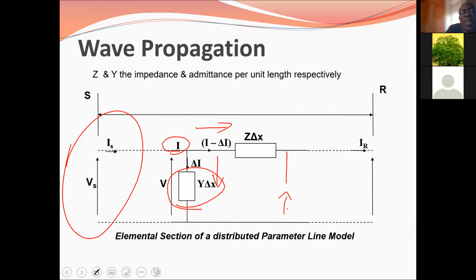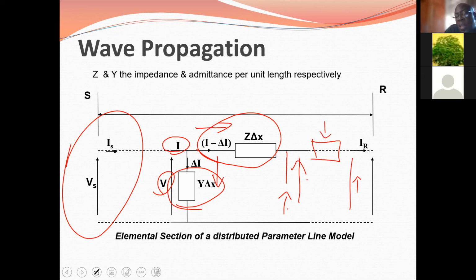Beyond that point, obviously I'm going to have a voltage drop across this element, which means that I'll have a voltage other than V across the next portion. Again, another series element, and then I'll have another voltage drop. So I'll get a lower voltage.